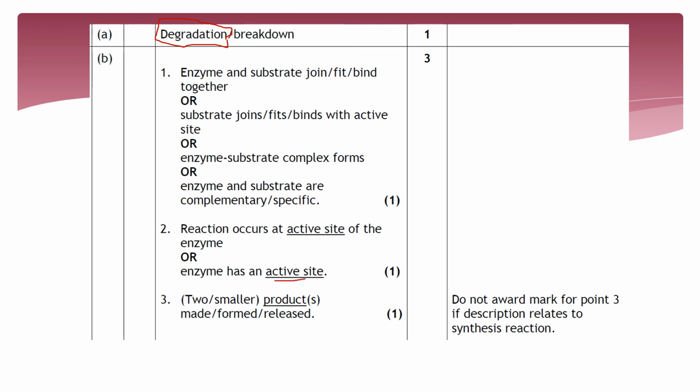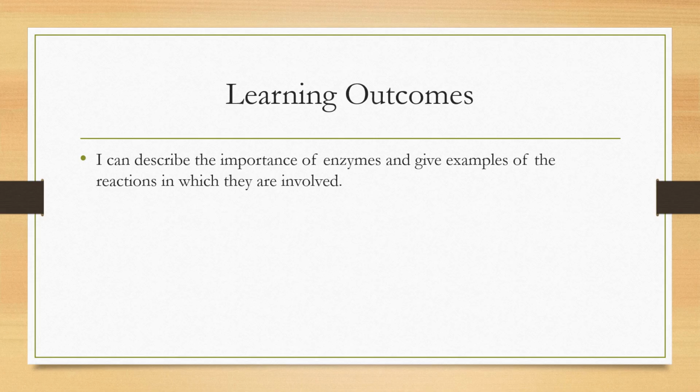You want to say your enzyme and substrate are complementary, specific to each other. So the active site of your enzyme is complementary to your substrate, and they bind together to form the enzyme substrate complex, which would give you 2 marks. Then you want to say that 2 smaller products are made and released, just what we said before.